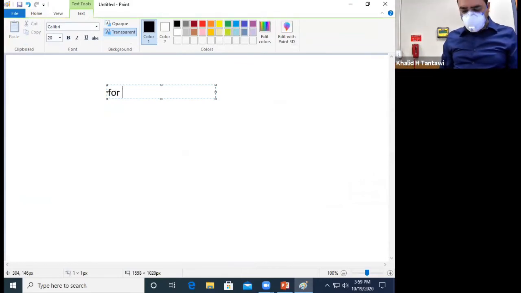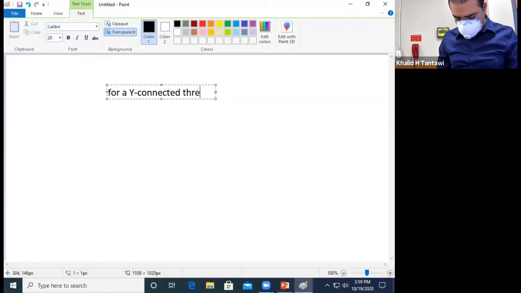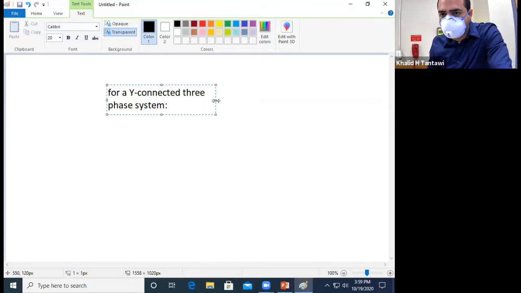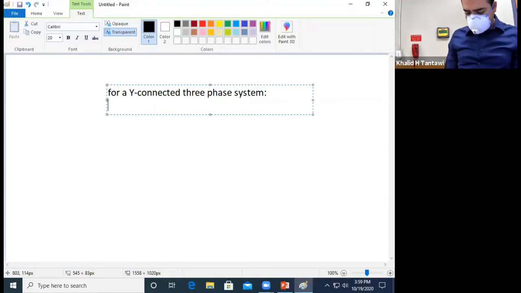So for a Y-connected three-phase system, here's a summary. I line is equal to I phase.